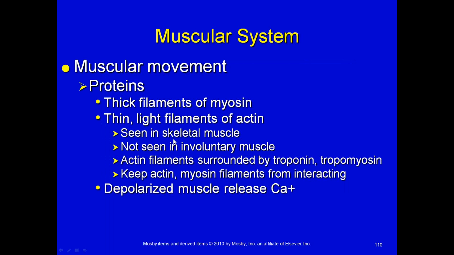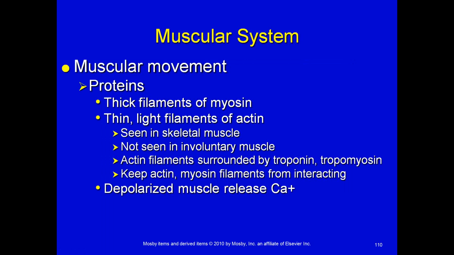Now, proteins are important for muscle movement as well. There are thick filaments of myosin and thin, light filaments of actin, and they're seen in skeletal muscles, but they're not seen in involuntary muscles. And actin filaments are surrounded by troponin and tropomyosin, and they keep the actin and the myosin filaments from interacting.